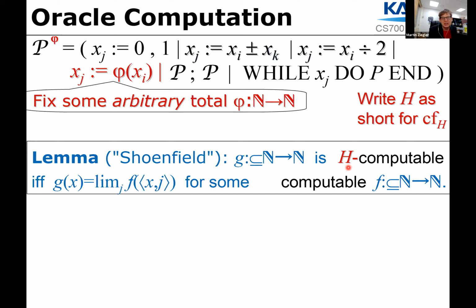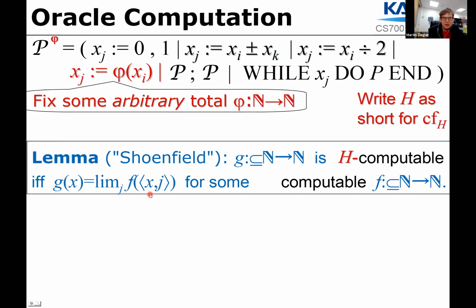Okay, and I keep emphasizing this because we will see in the real realm that a similar statement holds, and thus gives rise to this very strong distinction between approximating real quantities with error bounds or without error bounds. So this corresponds kind of to the case without error bounds, which corresponds to oracle access to the halting problem. So, right, let us briefly recall what it means to have a pointwise limit. In this case here for now on integers, right?